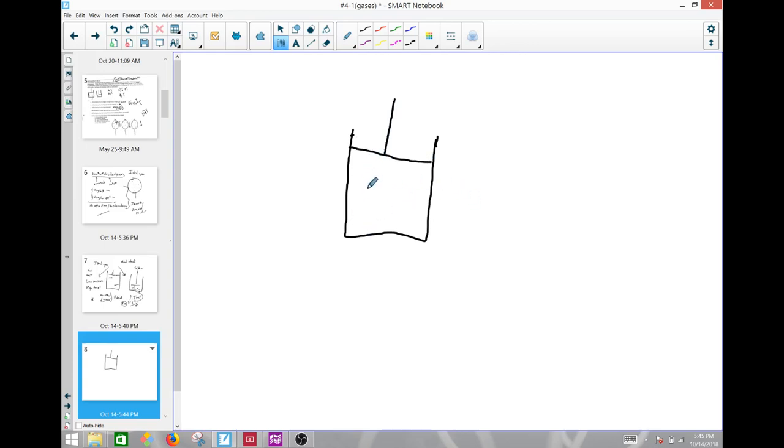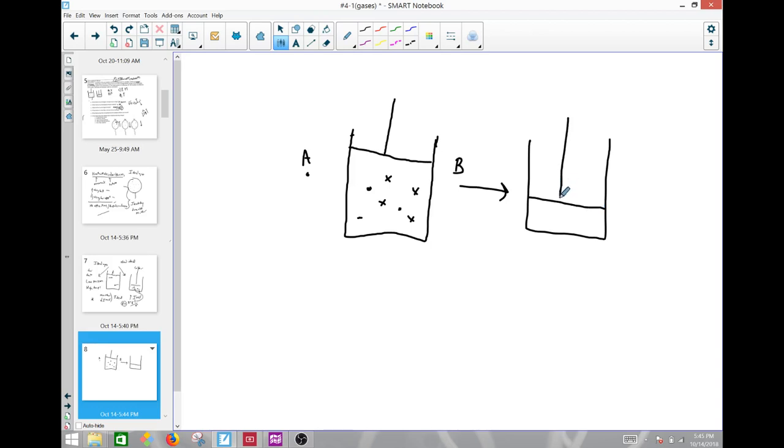Let's say we have particle A and particle B. You have some A's in here and some B's, and we start shoving it into a smaller and smaller area, looking to see which one might liquefy first.